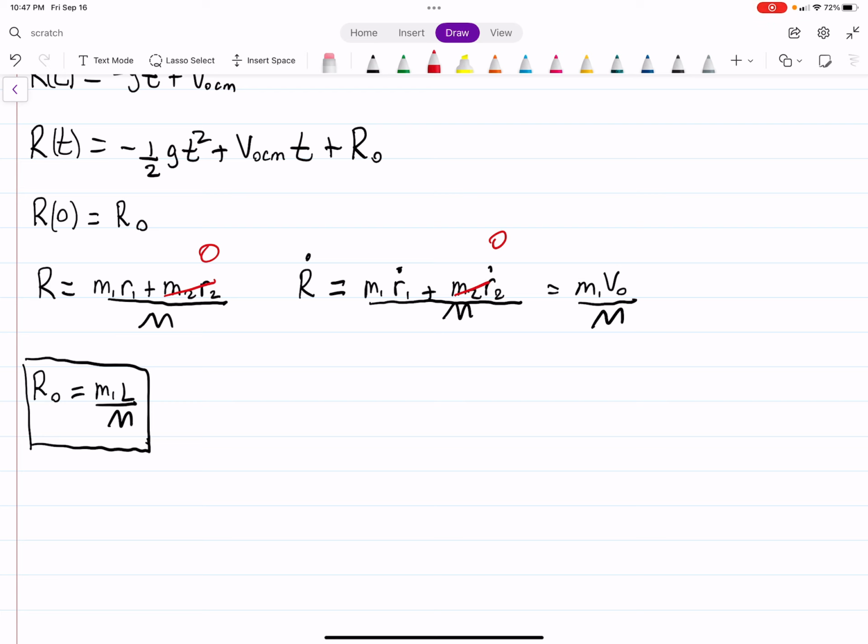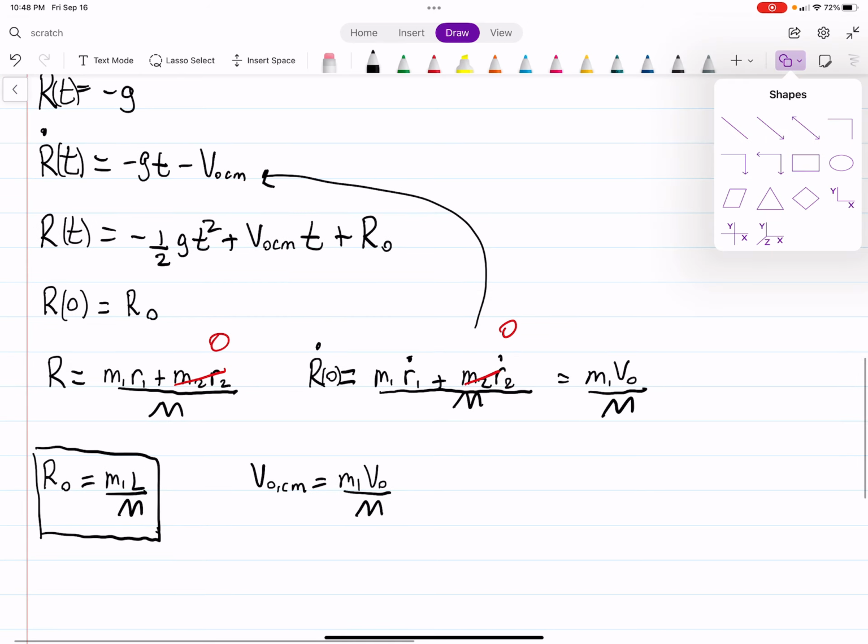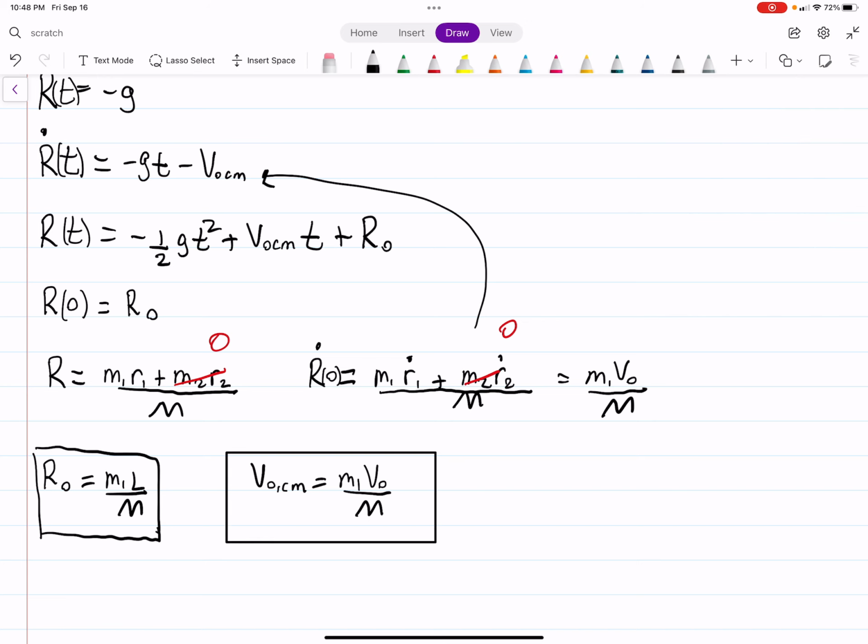So that's important because r dot at 0 is equal to that. And if we plug that into here, we can see that v naught for the center of mass, obviously that goes away. This is going to be just 0 at time equals 0. m1 v naught over big M. Okay.